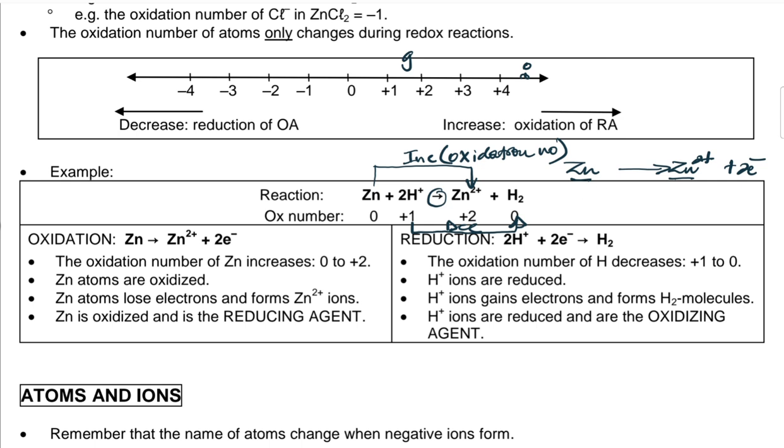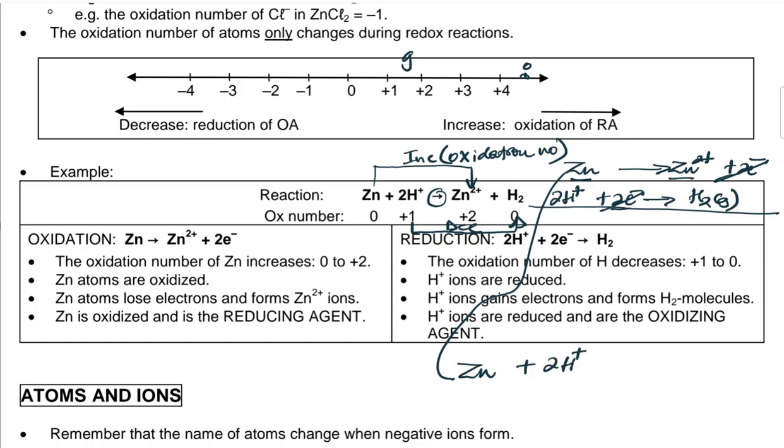So now it will be 2H plus, then 2 electrons, then I will be having H2 now as a gas. Because the electrons must be balanced, there must be 2 electrons. If you cancel this electron and that electron, this reaction will be Zn plus 2 hydrogen ions.